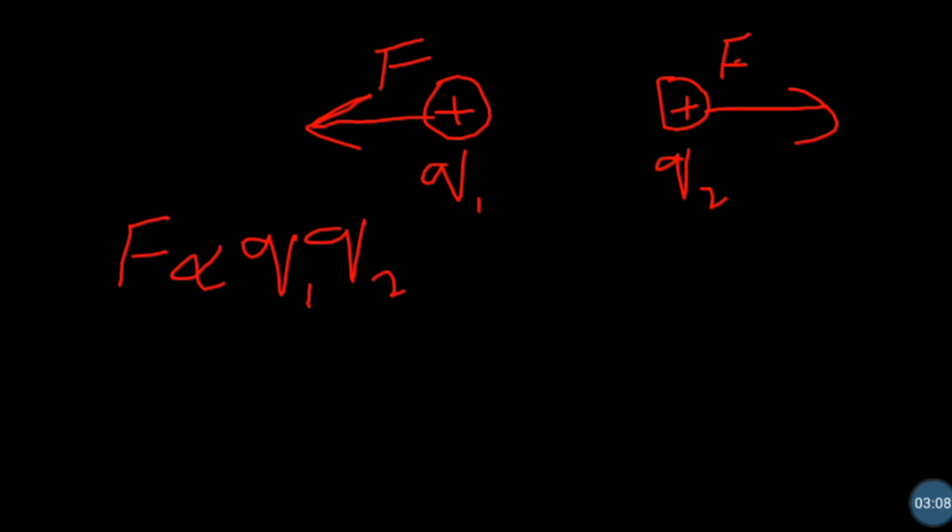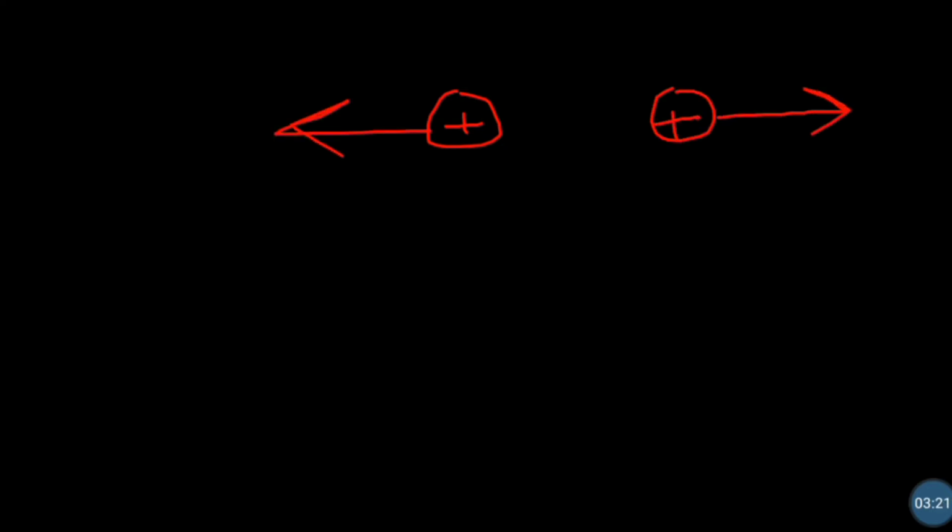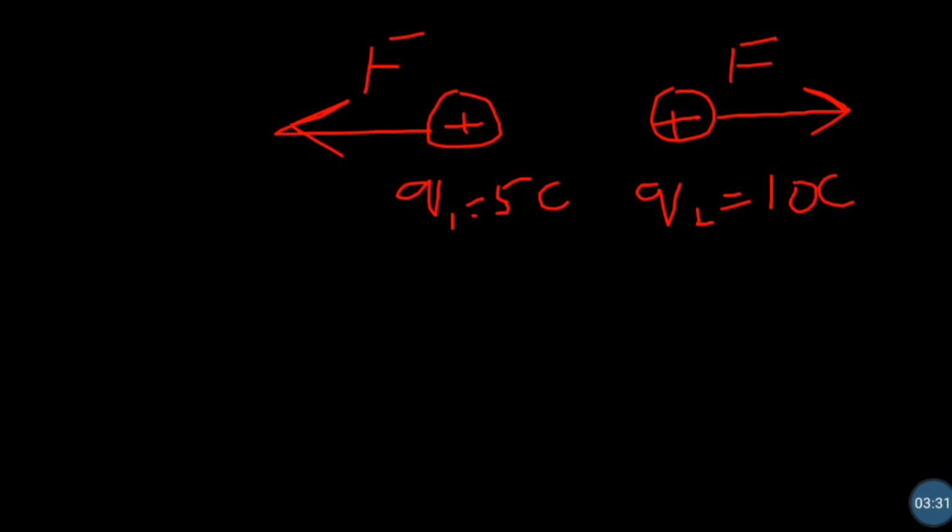So for example, let's see diagram number 1 and diagram number 2. In diagram number 1, there are two positive charges, Q1 which is equal to 5 coulomb and Q2 which is equal to 10 coulomb. These two charges repel each other with a force.